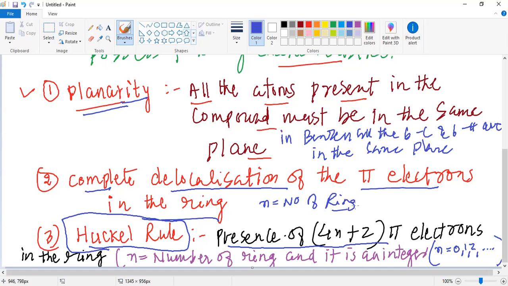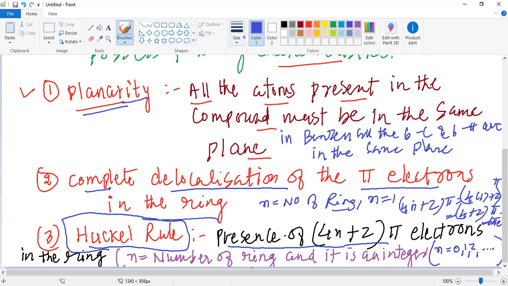In benzene we have one ring, so n is equal to 1, and therefore 4n plus 2 pi is equal to 4 into 1 plus 2, that is 4 plus 2, which is 6 pi electrons.